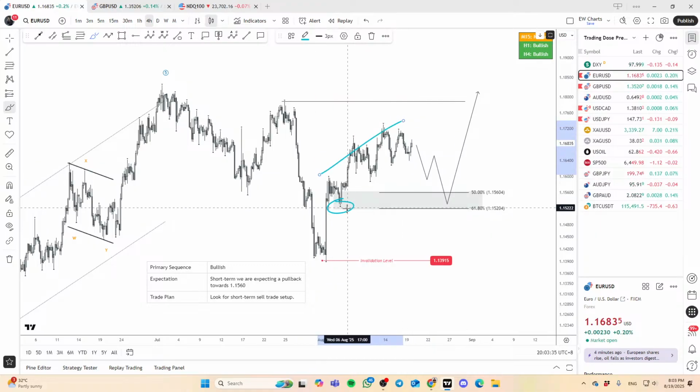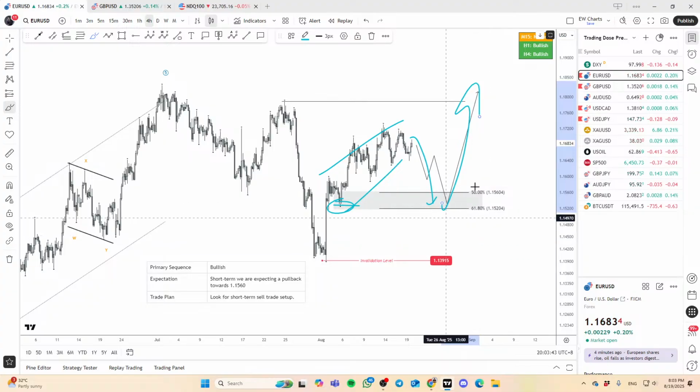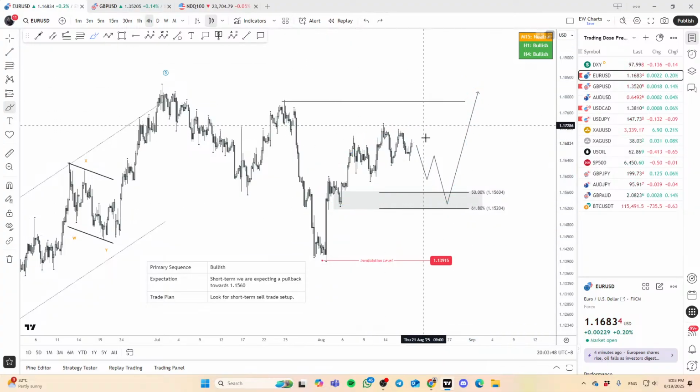If this is an Elliott wave pattern as a corrective move, oftentimes the market will come back and retest the low, and from there take out liquidity and start to move higher. So euro dollar this week, we are technically looking to short this as a near-term opportunity.